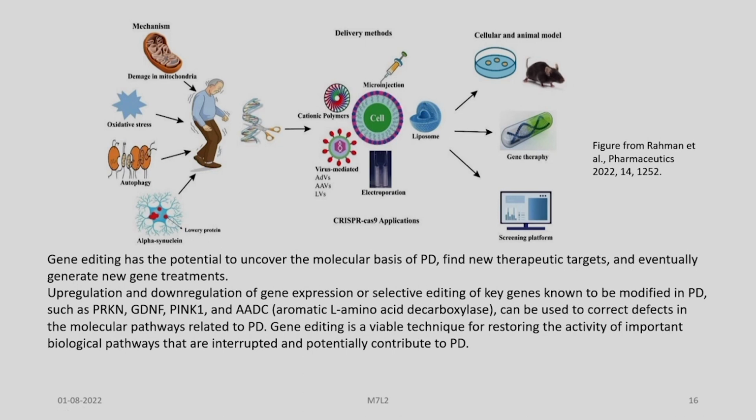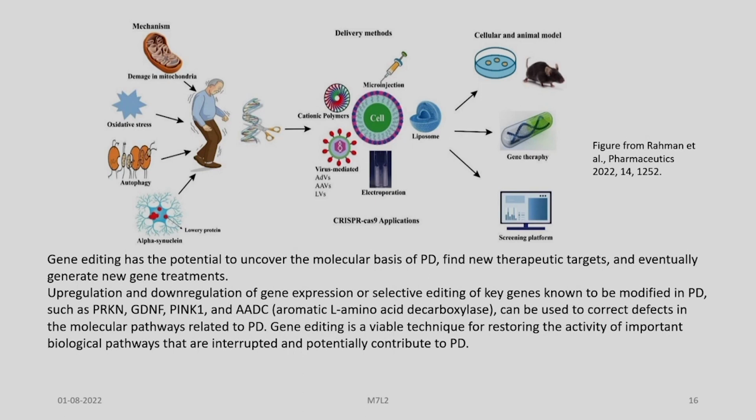So, gene editing has the potential to uncover the molecular basis of Parkinson's disease and find new therapeutic targets and eventually generate new genetic therapy. The upregulation and downregulation of gene expression or selective editing of key genes known to be modified in PD such as PRKN, GDNF, PINK1 and AADC can be used to correct defects in the molecular pathway related to Parkinson's disease.